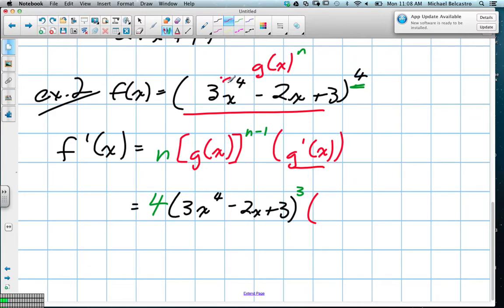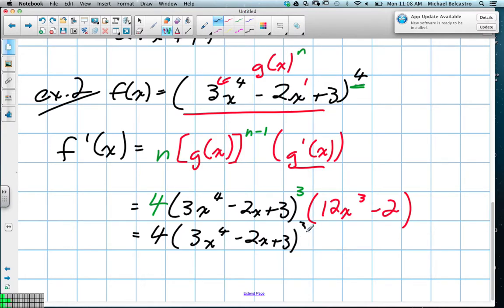Okay, so we bring the 4 down. This becomes 12x to the power of 3. The 1 comes down, which will give us negative 2, and the 3 becomes the value of 0. So this is now the derivative of our function: 4 multiplied by (3x to the power 4 minus 2x plus 3) cubed times (12x cubed minus 2).